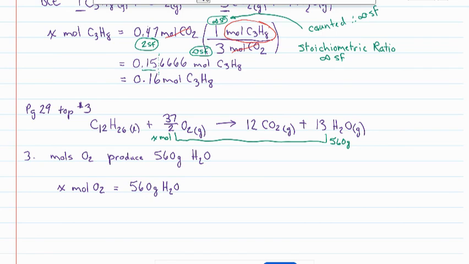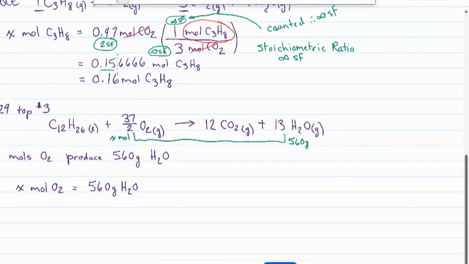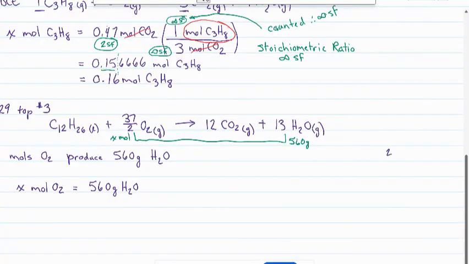So we know that we can use our molecular mass for water, and if we go off to the side, we can figure out our molecular mass of water. So we have 2 times hydrogen, which is 2.0, I think it's 17, something like that. And we have 1 times an oxygen, which is 15.997.